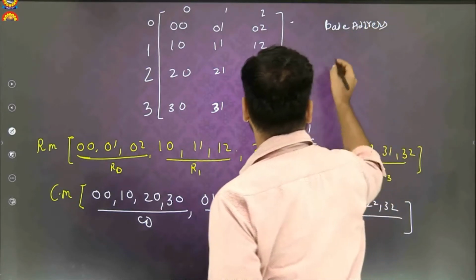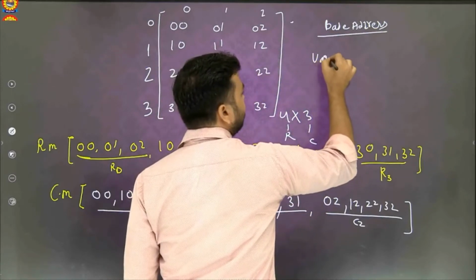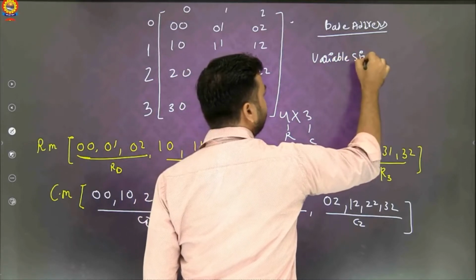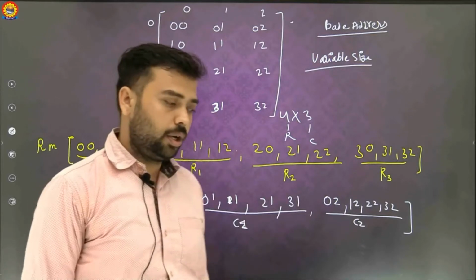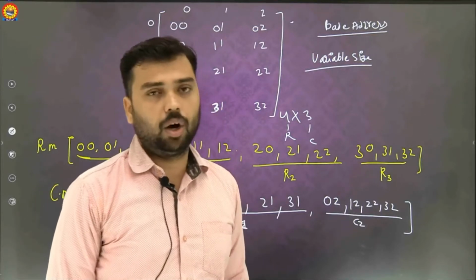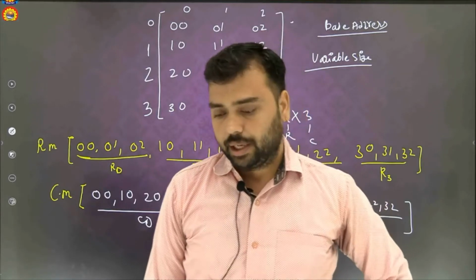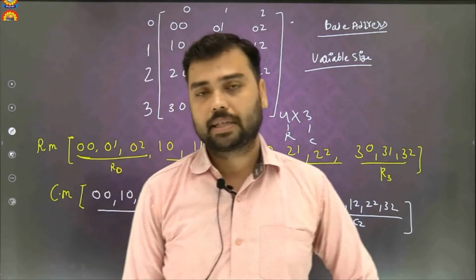What do you mean? Base address. And there is the term variable size. Base address means suppose you went to the cinema hall and you have seat number 33, and totally you are 5 friends and the numbers start with 33.